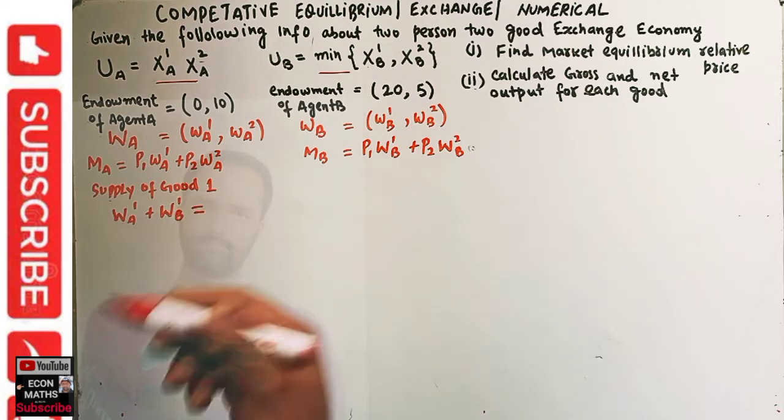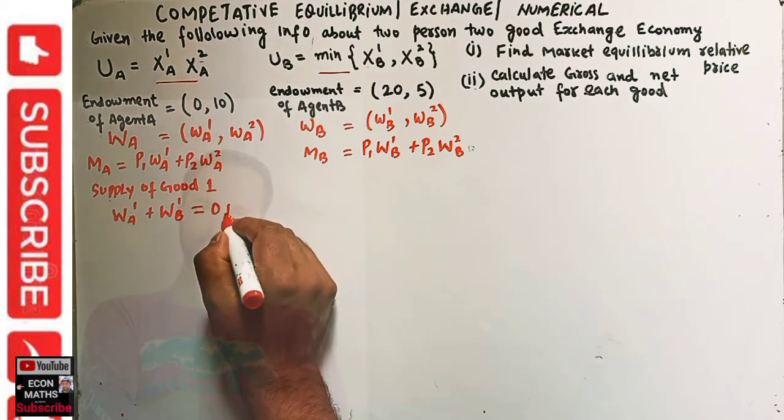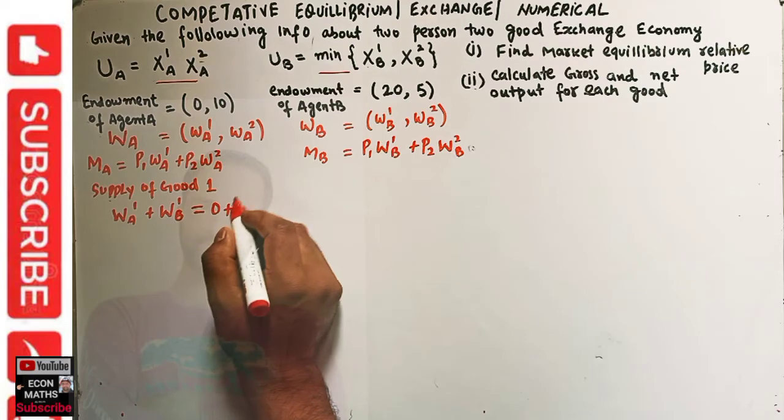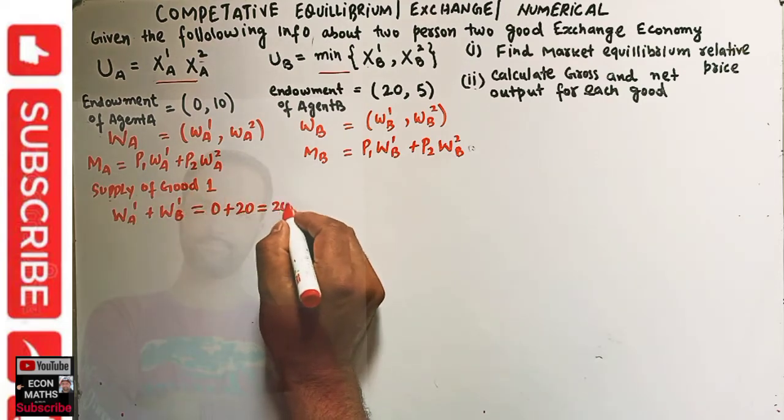WA1 is 0, plus WB1 is 20. So the total supply of good 1 is 20.